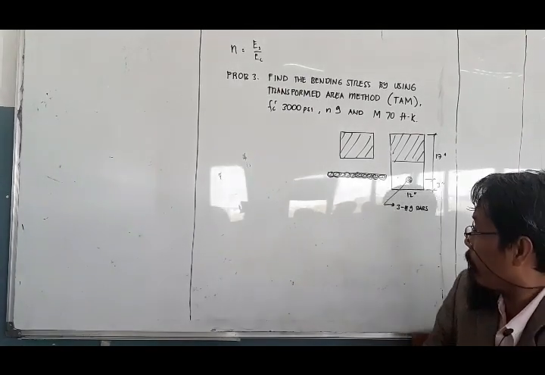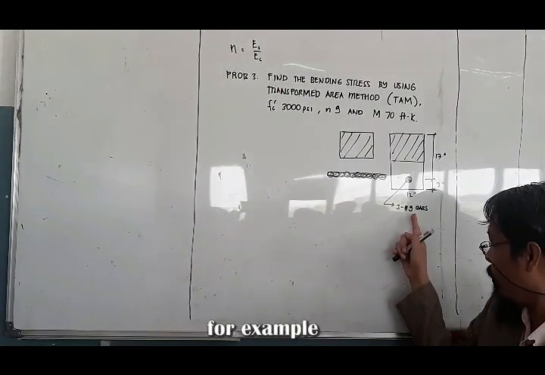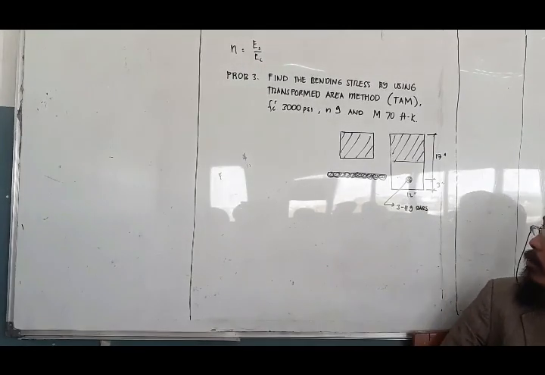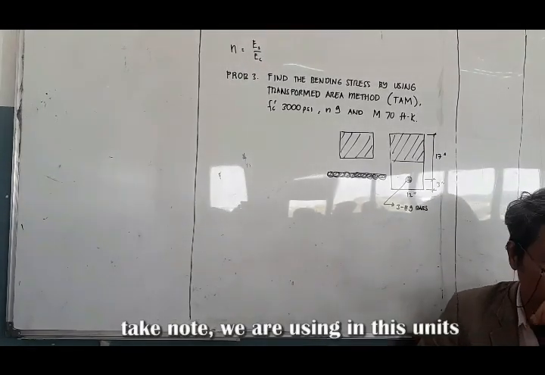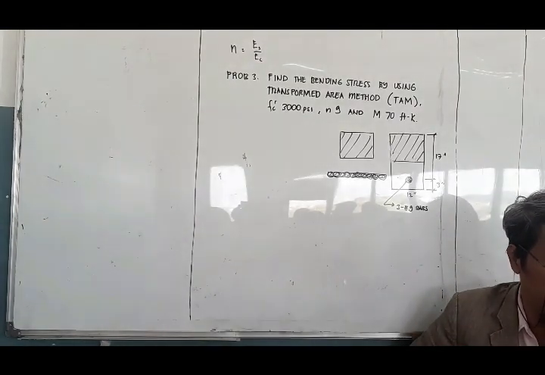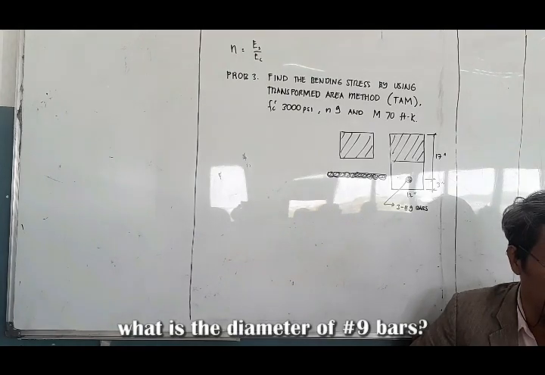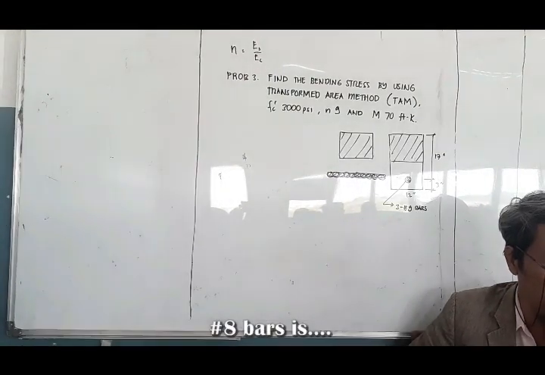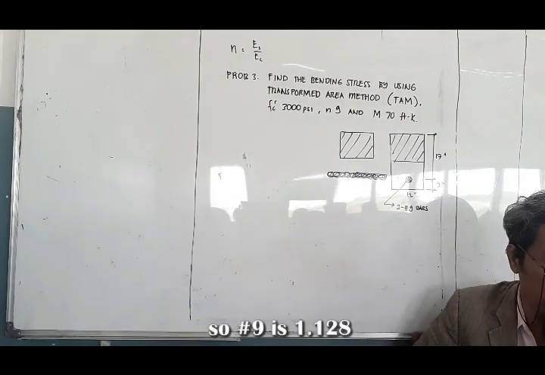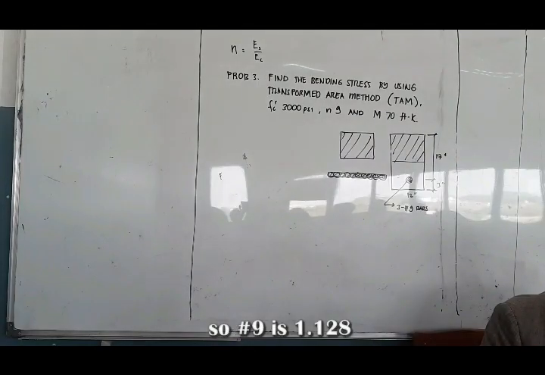So, for example, number 9 bars. Take note, we are using English units. What is the diameter of number 9 bars? Number 8 bars is 1 inch. Number 9 is 1.128.